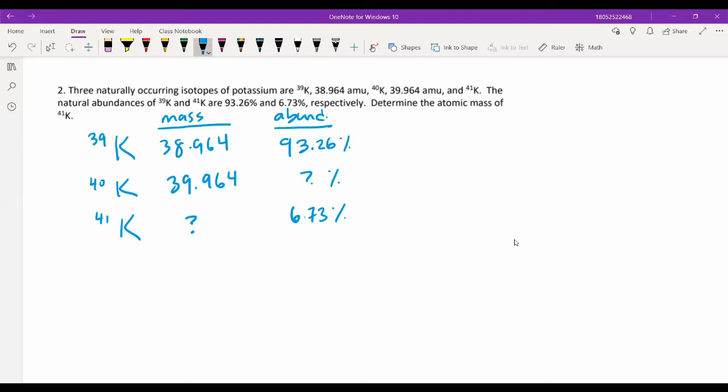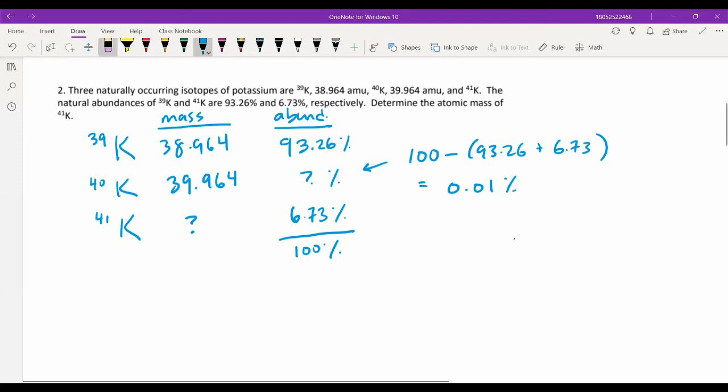And first, let's think about what we can find with this here. So we know that these have to add up to 100%. So maybe a first step in our problem-solving strategy would be, let's find the percent of potassium 40. So this percent would be 100 minus the other two summed up, which is going to be about 1%. Okay, so we have that number. Very small amount of that one.